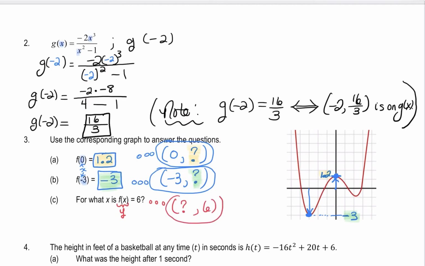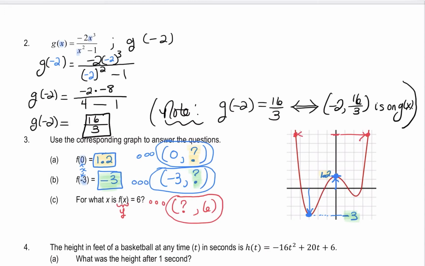So we're trying to think about what x would satisfy the ordered pair, or be on the graph of, x comma, where the y coordinate is 6. So we're going to where our y coordinate is 6, which is up here. And now we are going to the graph to look for what that corresponding x coordinate is.